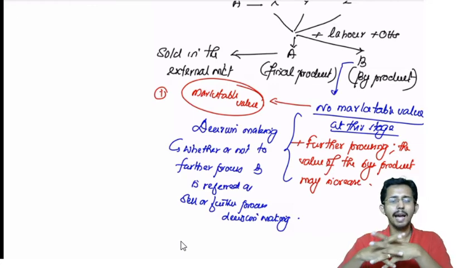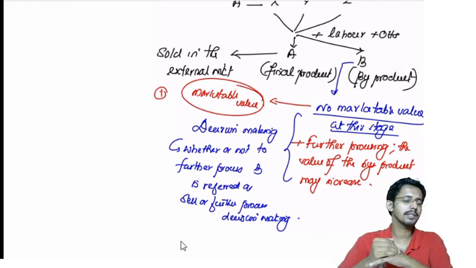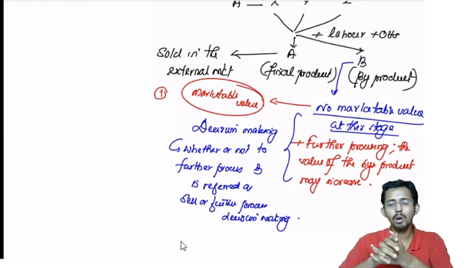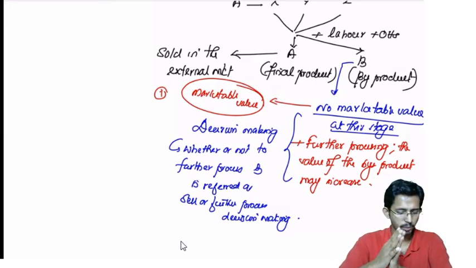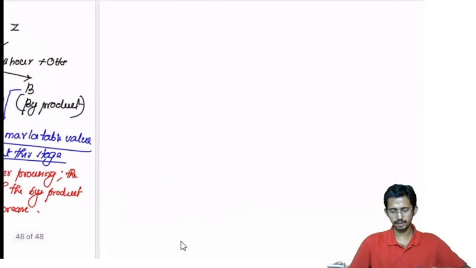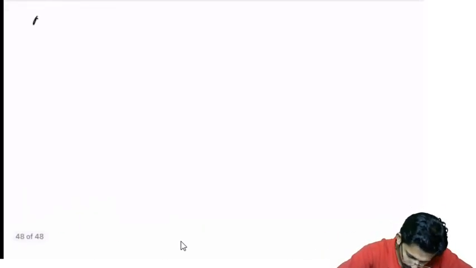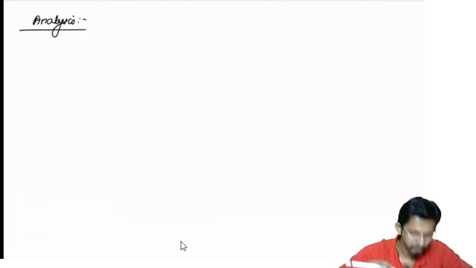Compare these two and see what is the incremental revenue that the entity is fetching on account of further processing. That should be compared with the cost of further processing. So analysis.